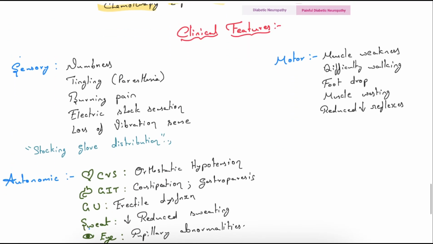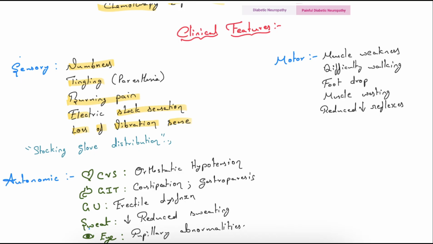Next, we can see some clinical features. The clinical features we are going to divide into three different types. Based on that type, the patient is going to get symptoms. For example, sensory. The sensory symptoms mostly we can see numbness, tingling. Tingling means paresthesia we call, and burning sensation, electric shock type sensation, loss of vibration sense.